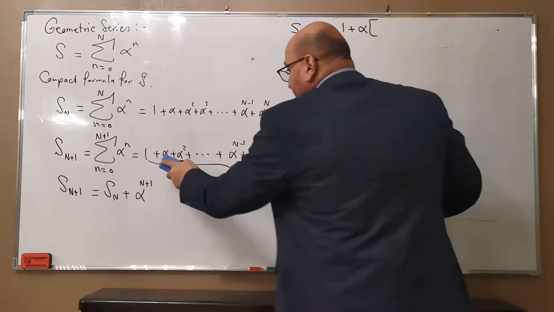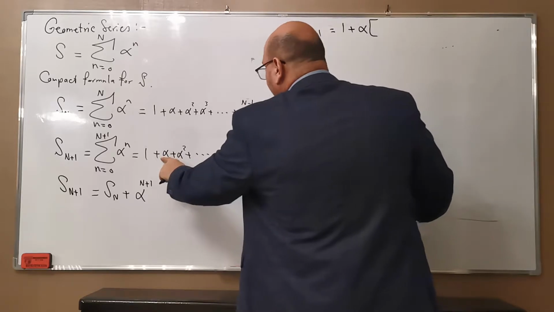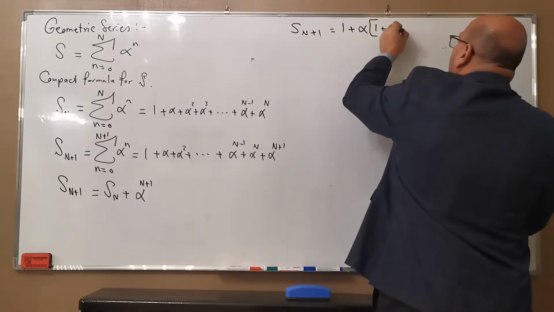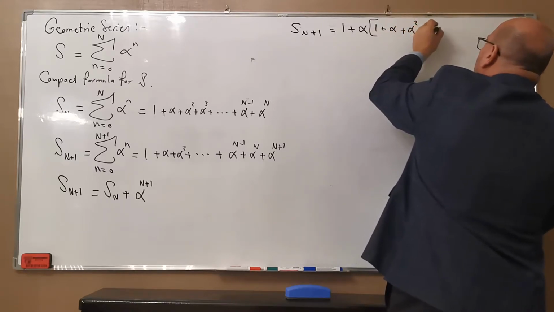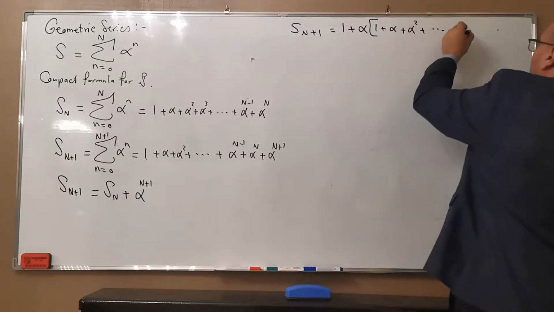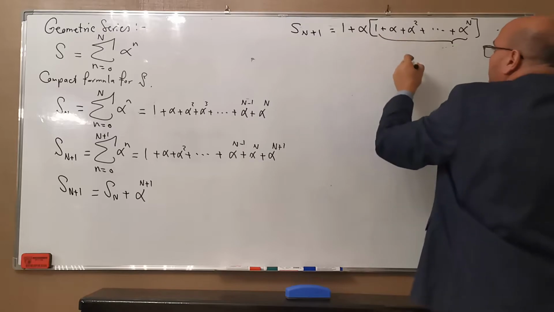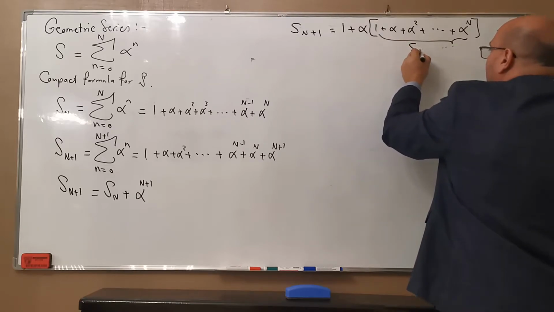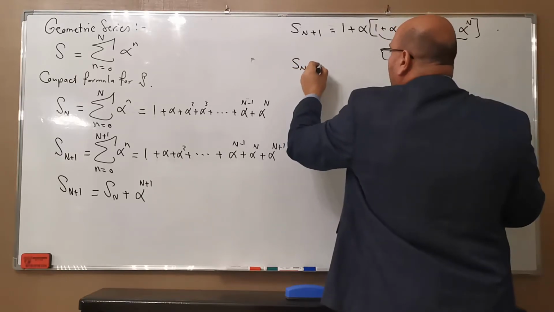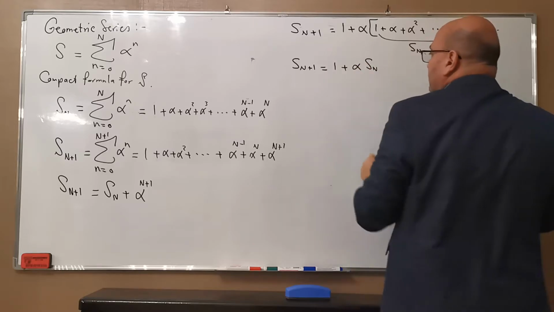If I take alpha common, the first term will be 1 plus alpha squared plus, and the last one is alpha to the n. This part in the square brackets is also S sub n. So we have S sub n plus 1 equals 1 plus alpha S sub n.